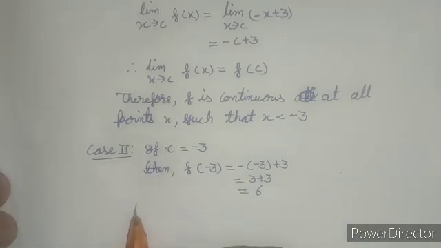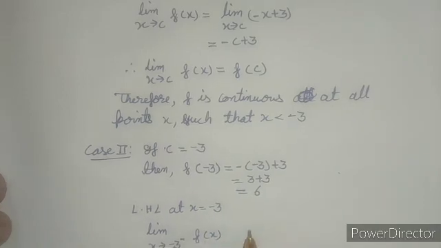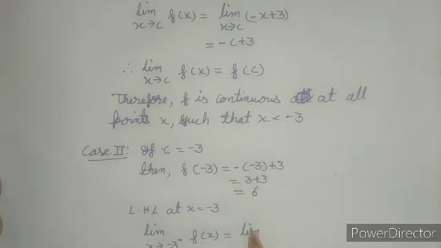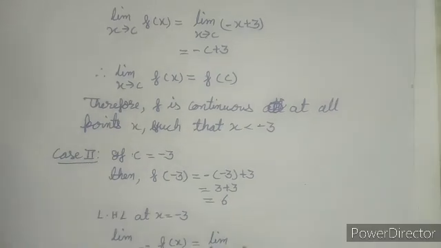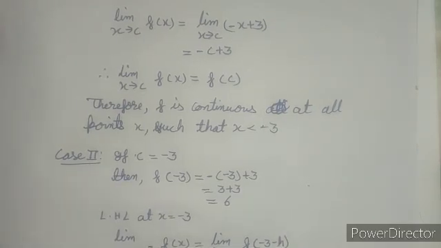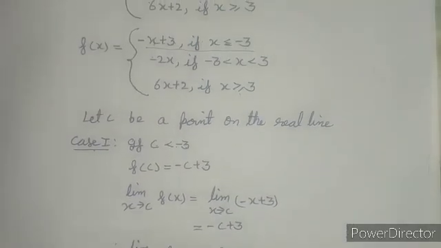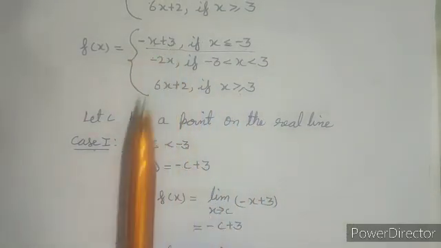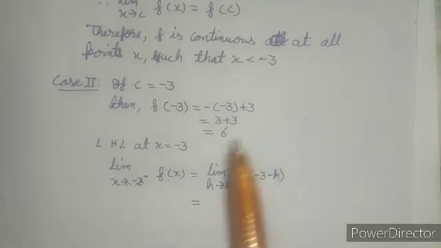Left hand limit at x equal to minus 3 will be limit x tends to minus 3 minus, that is limit h tends to 0 f(minus 3 minus h). For less than minus 3, the function was minus x plus 3.